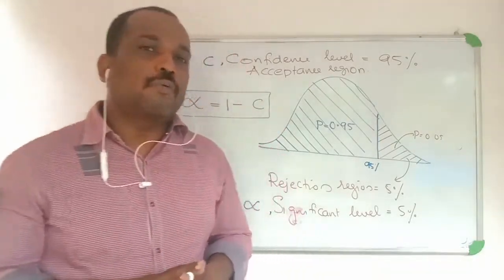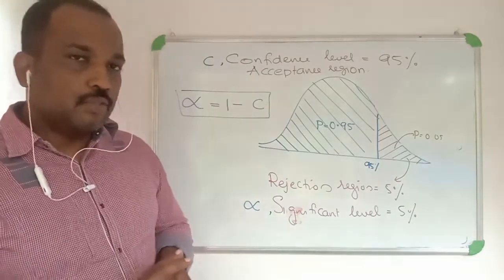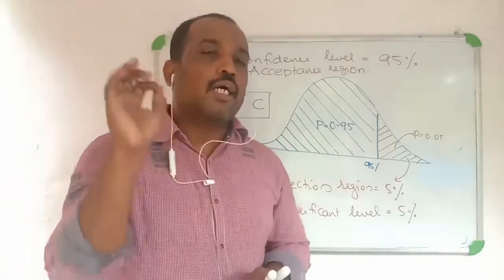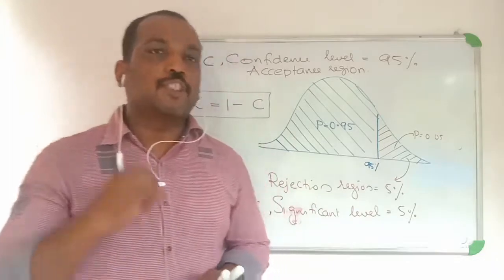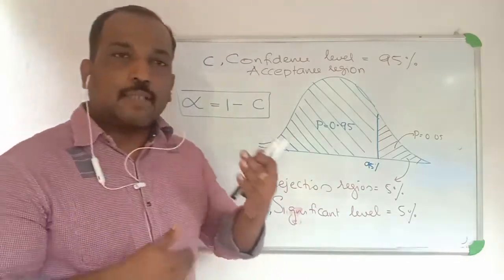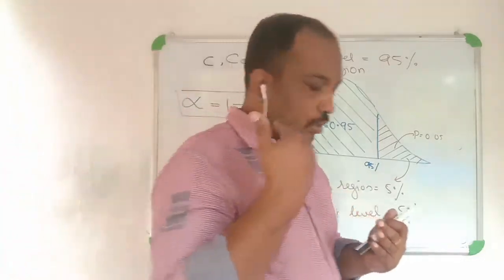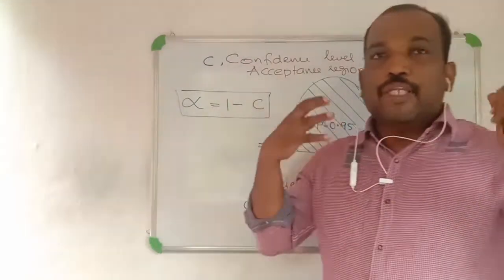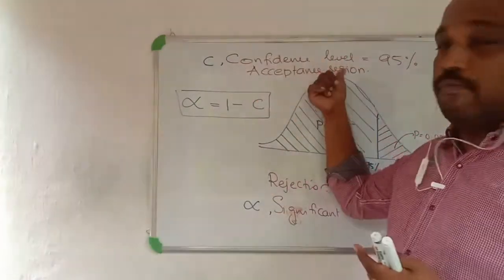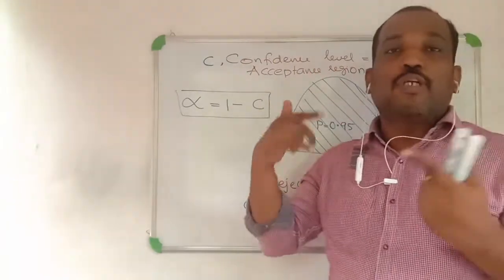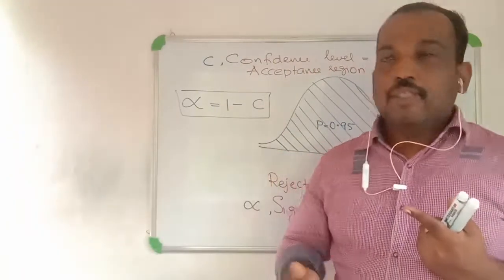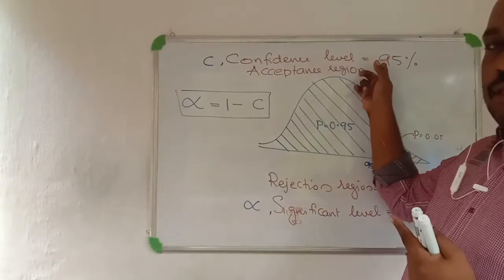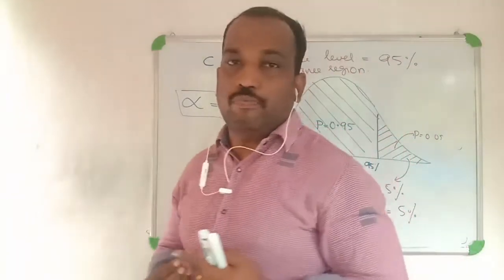So here we got a few more points. We started from hypothesis. A hypothesis is a claim or process which is to be tested. When we think about the claim to be tested, there is a very important concept, which is the confidence level, because there will be a question: what is your confidence level? Yes, I am 95% confident.